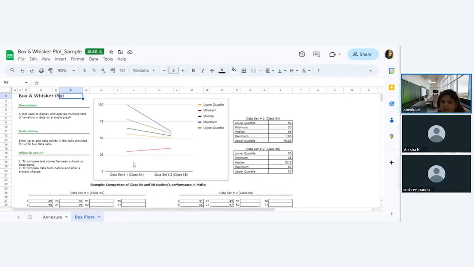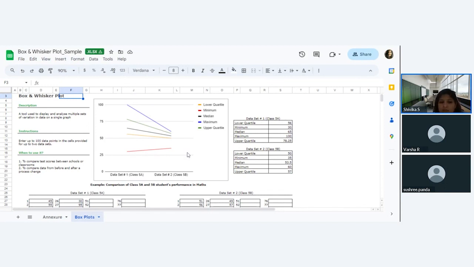So again, you can clearly see from these lines that 5A is comparatively performing better, except that the lowest mark a student has scored is in 5th A. And if you see, in 5th A a student has scored a maximum of 100.